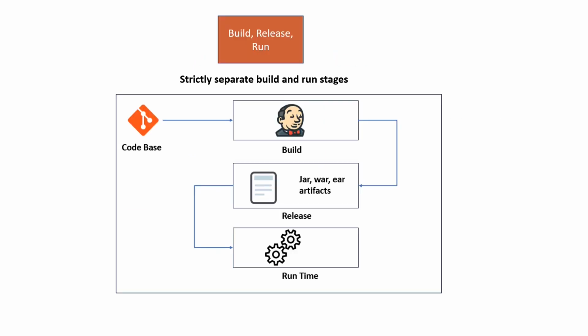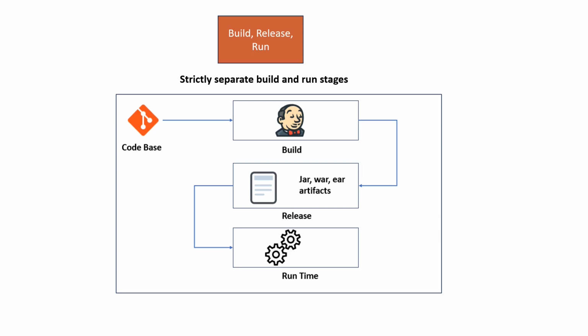Next, we have the build, release, and run. Whatever applications we are trying to build will go through three stages. Whenever a developer commits code to the repository, suppose a Git repository in this case, we first do the build, right? We compile the code and generate the artifacts.